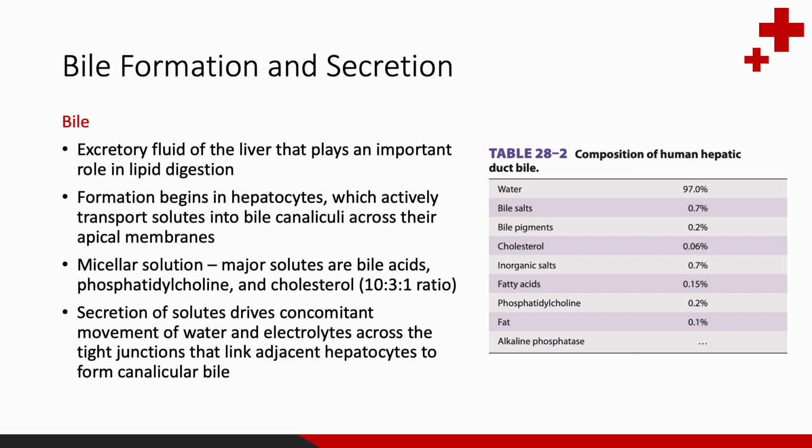The micellar solution is composed of major solutes, bile acids, phosphatidylcholine, and cholesterol at a 10:3:1 ratio respectively. The secretion of solutes drives concomitant movement of water and electrolytes across the tight junctions that link adjacent hepatocytes to form canalicular bile.